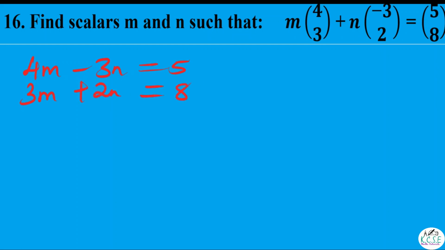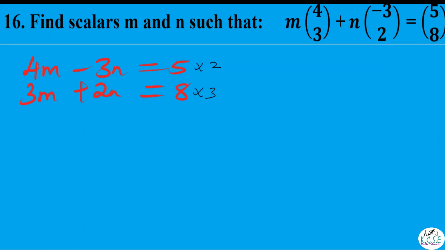Now these are simultaneous equations, so we can use any suitable method to solve them, substitution or elimination. So let's use elimination. Eliminate n, so I multiply this by 2, this by 3. The reason I'm doing so is that this one may be uniform. 3 times 2, 6n. 3 times 2, again 6n.